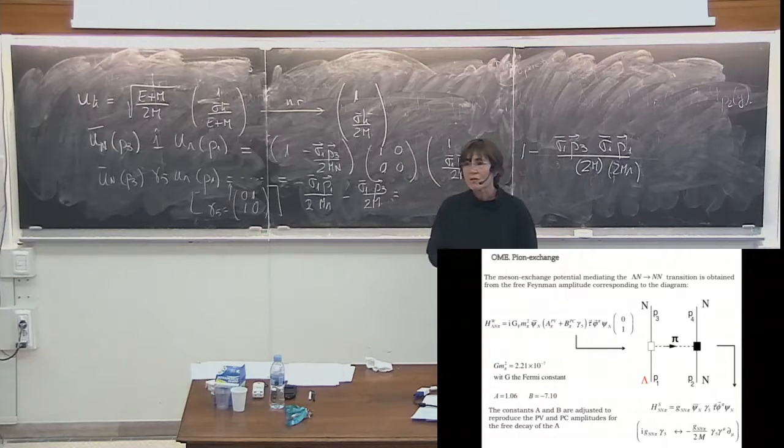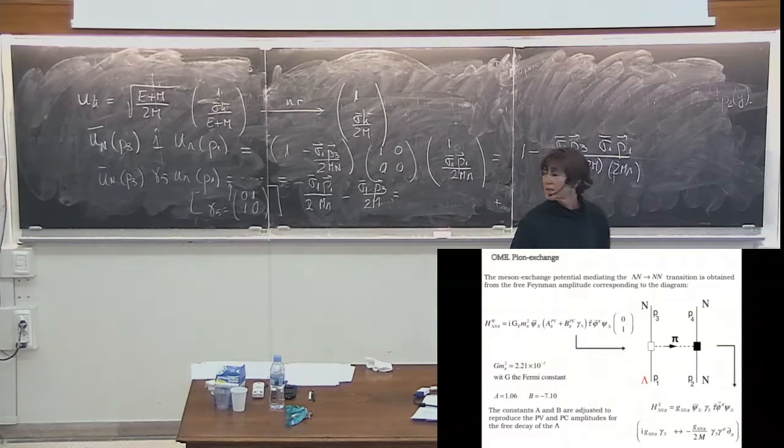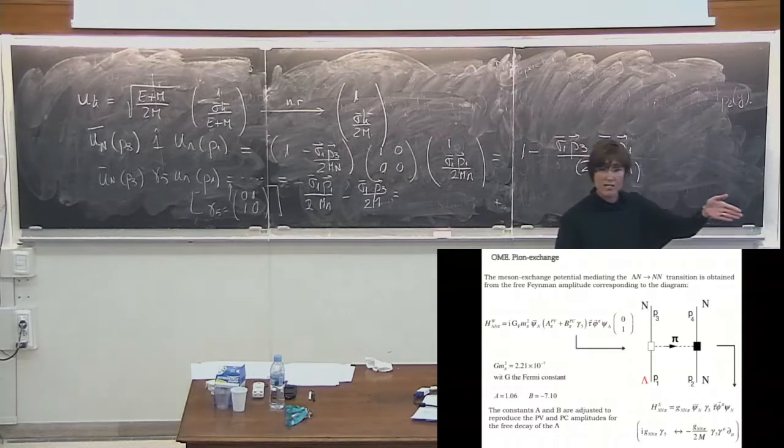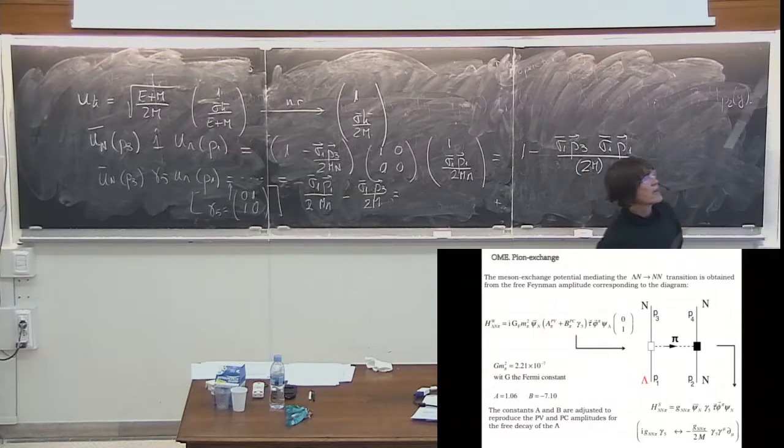And then, in order to make calculations much easier and express this vertex as a function of the momentum transfer in the reaction, so in order to express the potential as a function of the momentum that carries the kaon, that means the difference between P3 and P1, what we do is take average masses at the vertex.